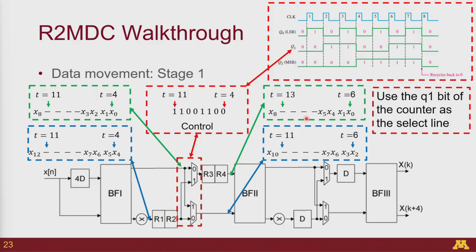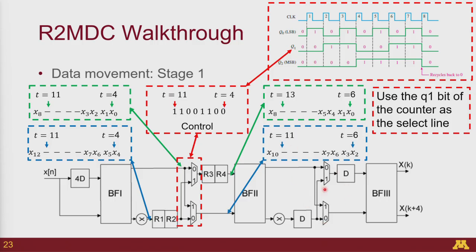What will be the control bit for the second mux, the second delay switch delay? That would contain 2 bits. That's not 1 bit, that's 2 bits.